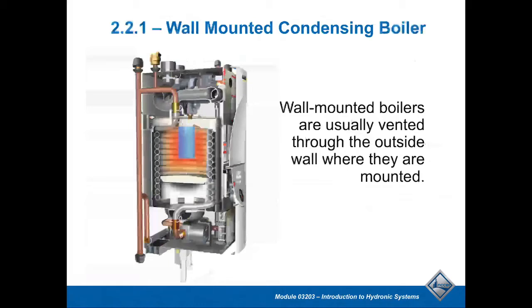Here's another wall-mounted condensing boiler application. On this one you'll see they're showing a low mass type of heat exchanger, and you'll have a burner that protrudes down into a chamber that's going to be our combustion chamber, and the heat from those flames is just going to go directly to those low mass heat exchangers.